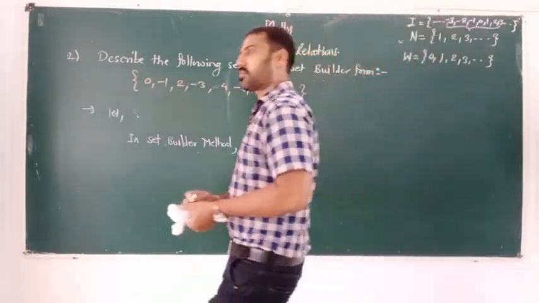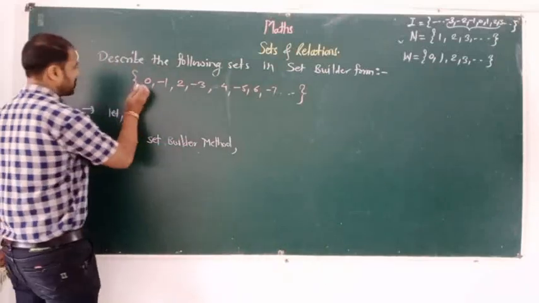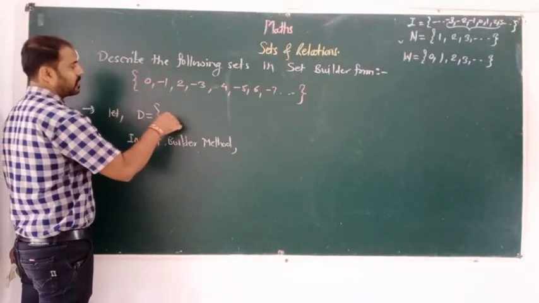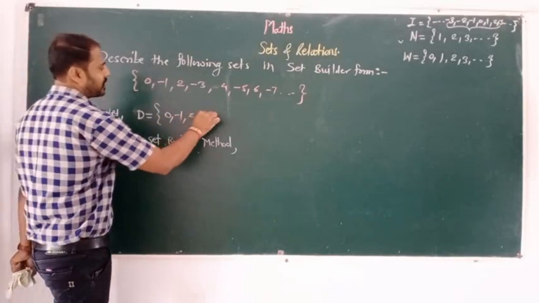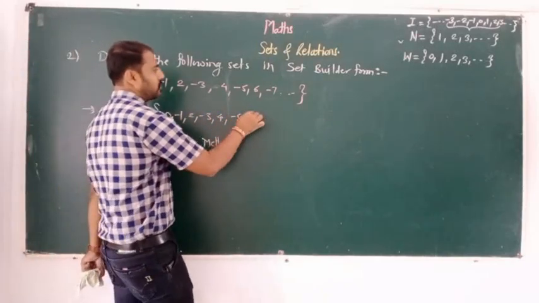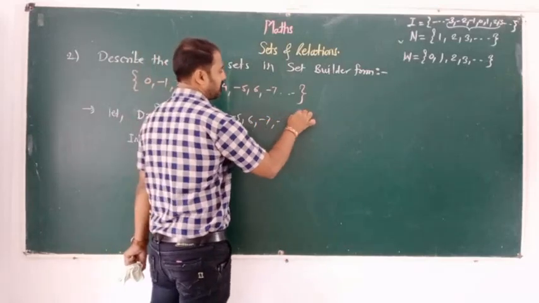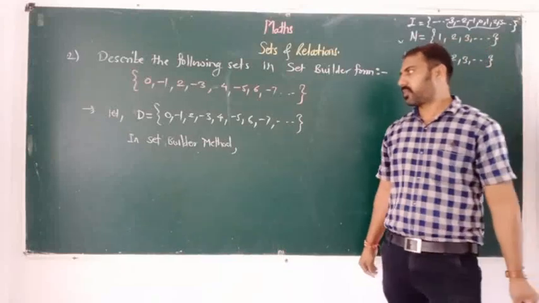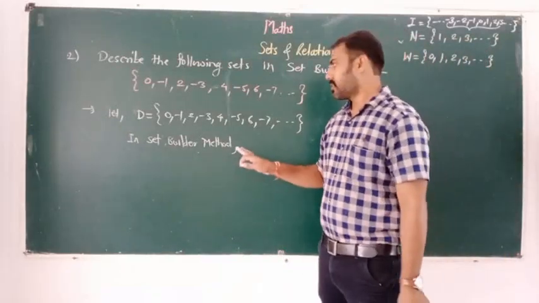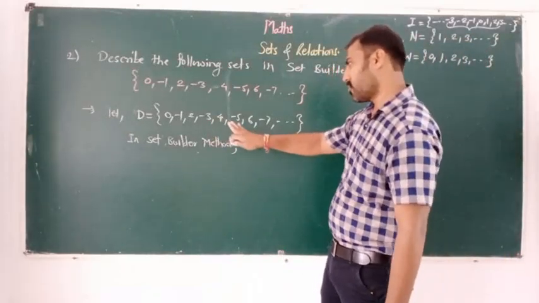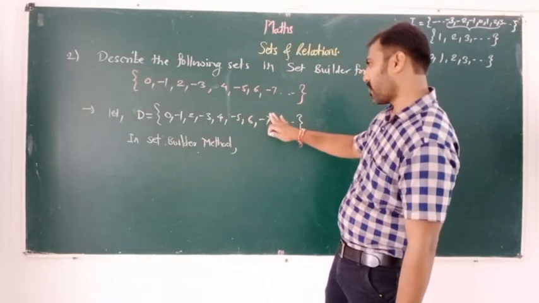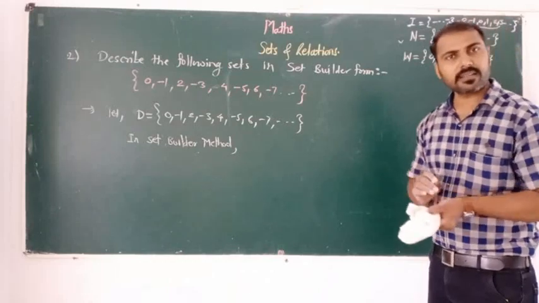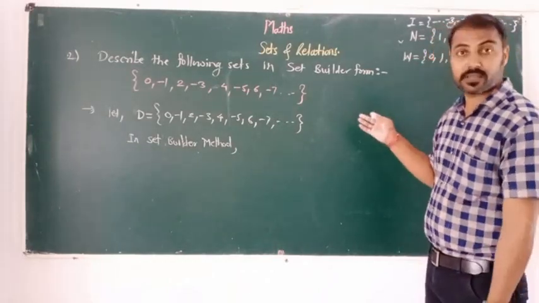First, give a name to that set. Since this is our fourth example, I am writing D is equal to the set of elements 0, minus 1, 2, minus 3, 4, minus 5, 6, minus 7, and so on. Now if we see, these numbers are in whole numbers 0, 1, 2, 3, 4, 5.